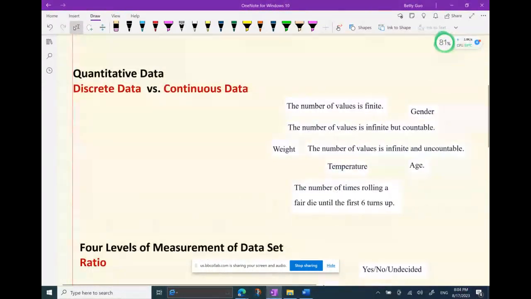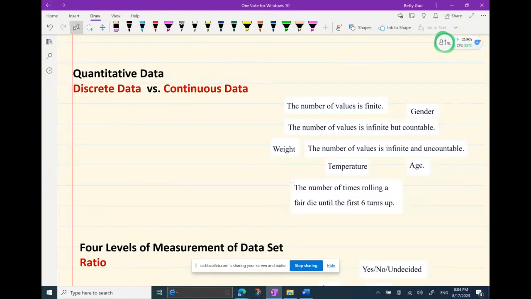For quantitative data, which is numerical, either count or measure, we can further divide it into two classes, discrete and continuous.